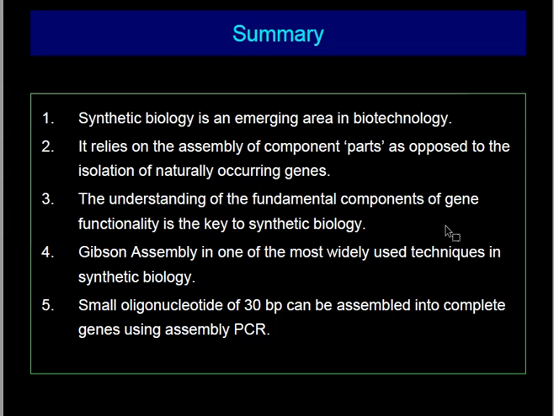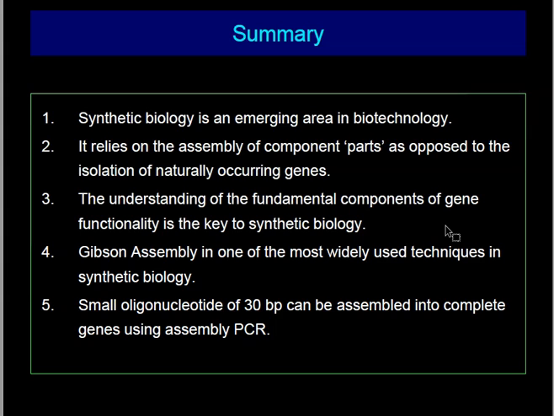Now, the reason why we have incorporated this particular lecture module in your lecture notes is because it forms a component of almost all aspects of genetic engineering. You will be utilizing synthetic genes to develop expression systems in model organisms, as well as to industrially upscale vaccines, as well as the production of recombinant proteins.